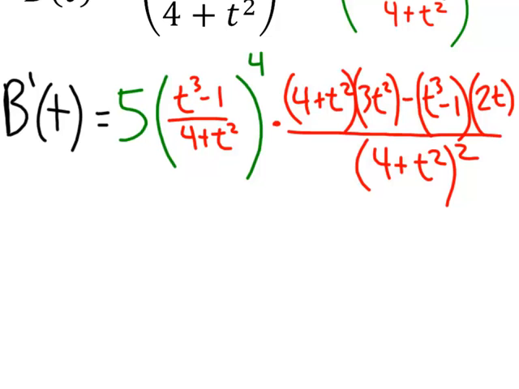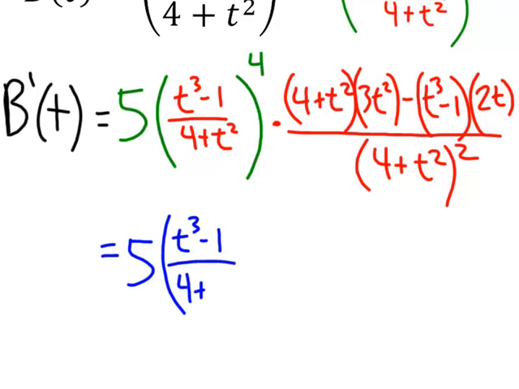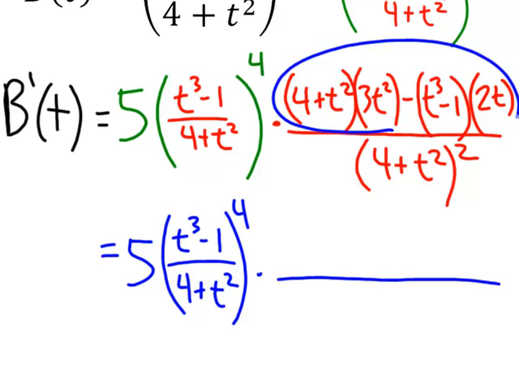Let's turn our attention to this mess over here. And actually, let's go ahead and just write the beginning part. We're not going to try to do anything with this first expression here. Just write it down. And let's turn our attention to that messy numerator over here.